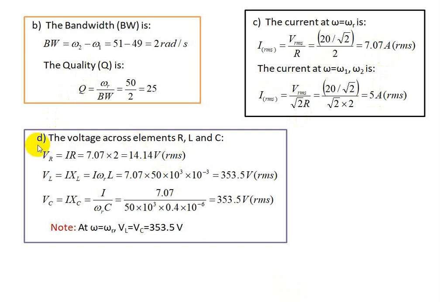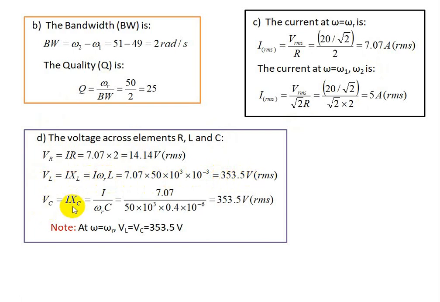Coming to the voltage across the elements R, L and C. So V R is I R into R, the current at resonance multiplied by the resistance. So this gives us 14.14 volts. Voltage across inductance is I into X L, that is I into omega R into L. Substitute all the values, we get the voltage as 353.3 volts, and this is the RMS value.